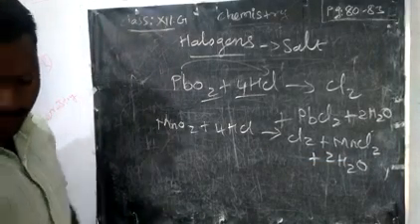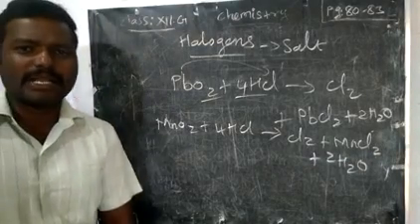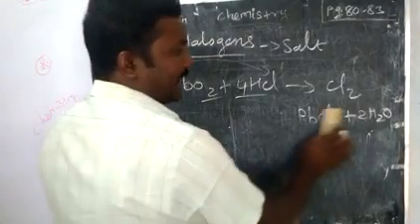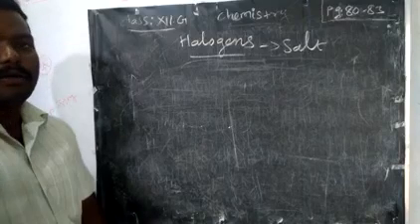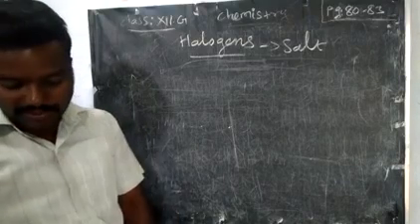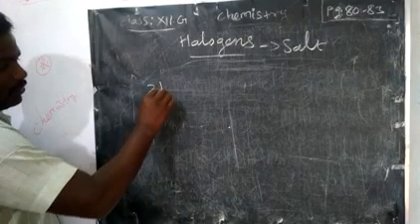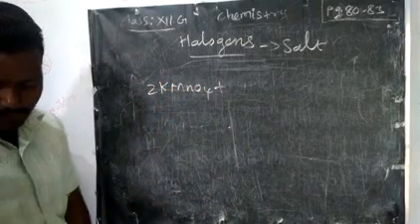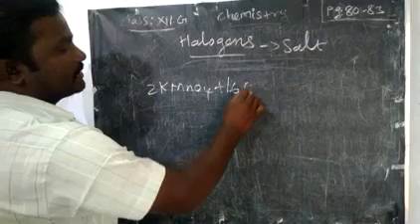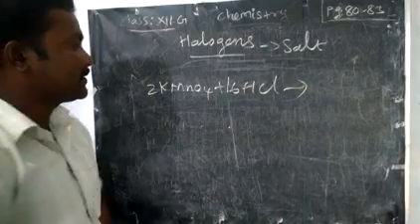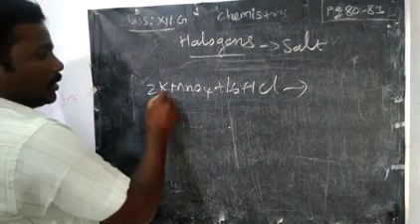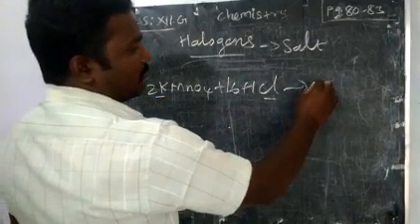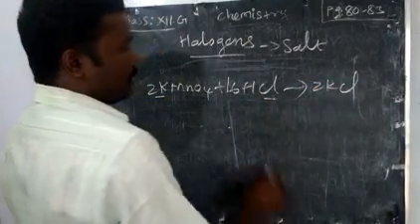Then some oxidizing agent like potassium permanganate or potassium dichromate also helps in removing the chlorine. So 2 moles of KMnO4 with sulfuric acid or hydrochloric acid. As usual 2K 2Cl, 2KCl will go out.